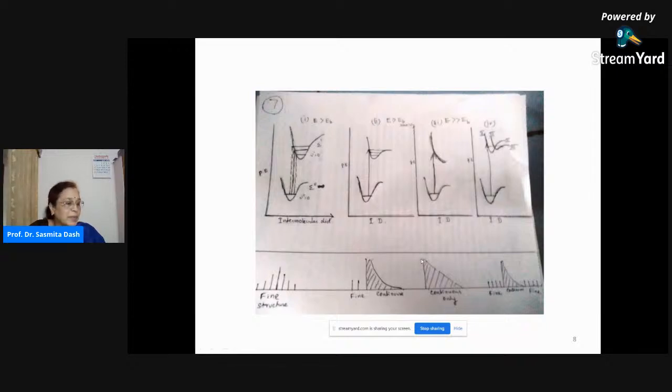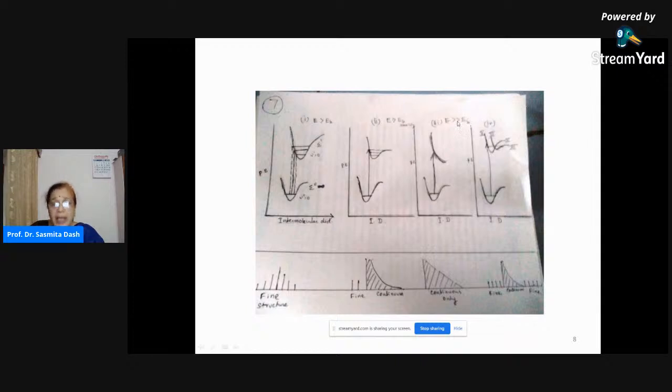Coming to the third type. In this case, the absorption of the energy may raise the molecule to an electronic state which is already in an unstable state. That is, the energy is very much higher compared to the EB.